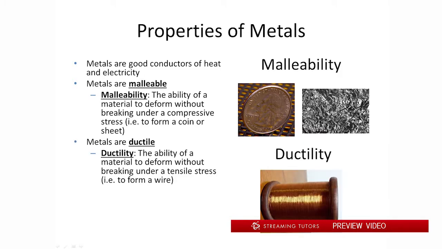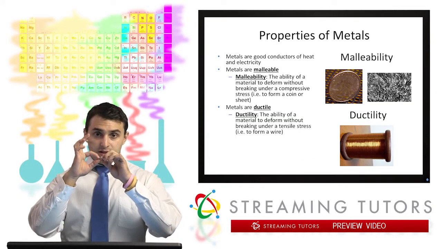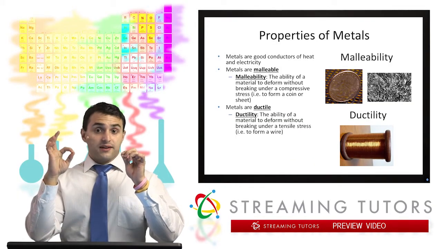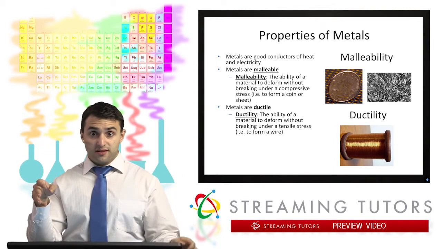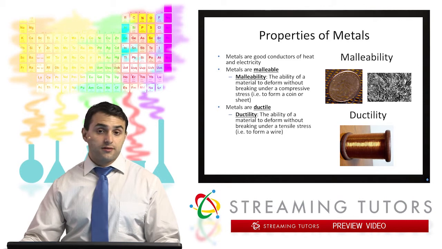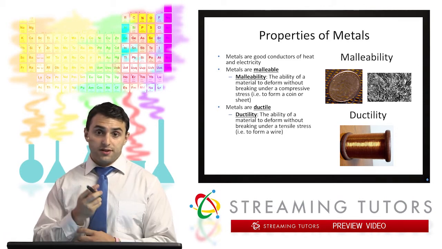Metals are also ductile. Ductility is the ability of a material to form a wire. You would take a piece of metal and stretch it out, and it wouldn't break, and it would form a wire. Copper is in fact one of the most ductile metals, and that's another reason why we make wires out of it.